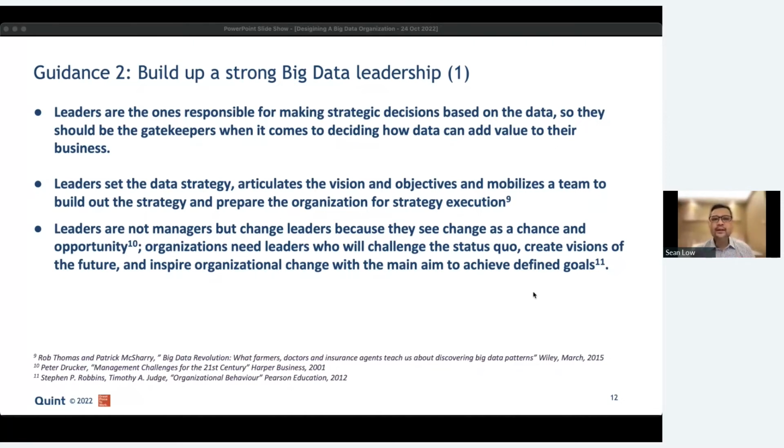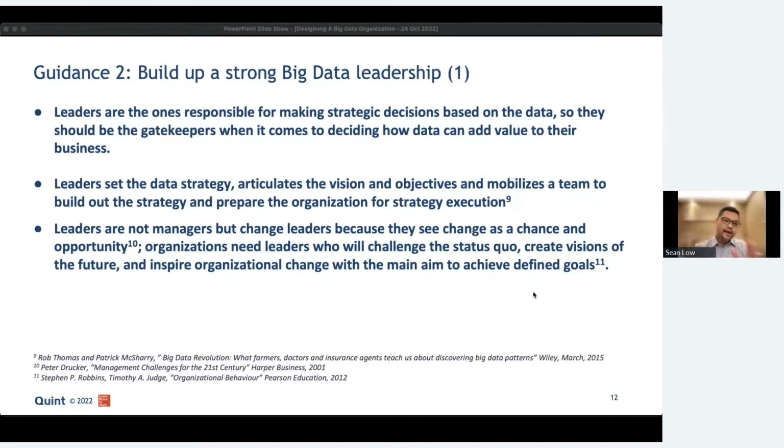Leaders are responsible for making strategic decisions, helping create the big data strategy, and they are the gatekeepers on how this data will be used. They will set the data strategy, set the vision, set the objectives, and ensure that the organization can carry out the execution of the strategy.